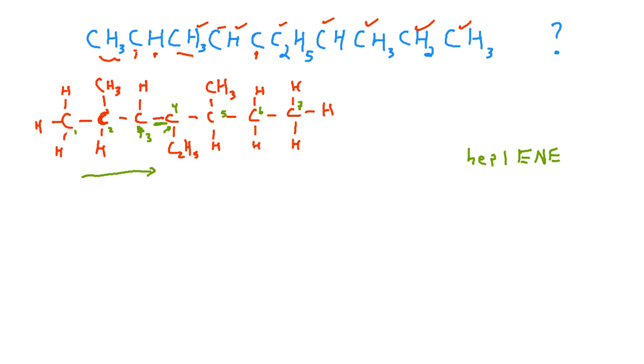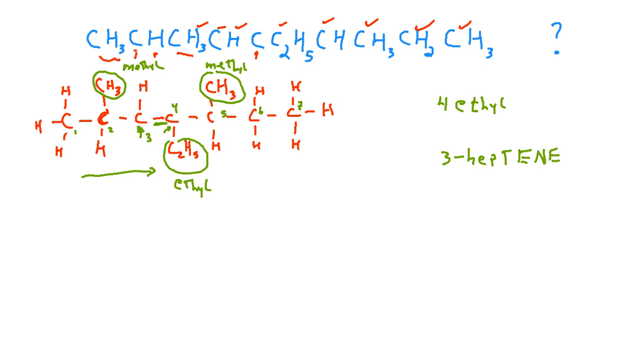And now we have here a methyl, and we have an ethyl. Remember, nothing we can do now because of where the double bond is. We must count in this direction, and all the things are already numbered. And here's a methyl. Okay, so the ethyl is on carbon 4, so it's a 4-ethyl.